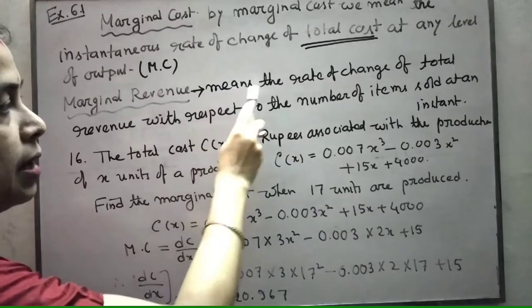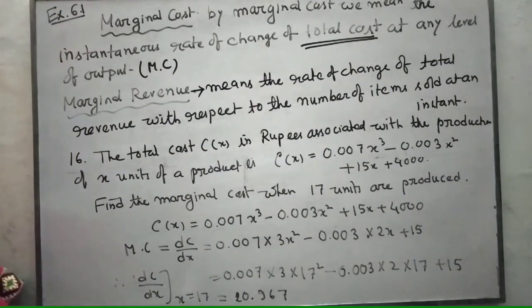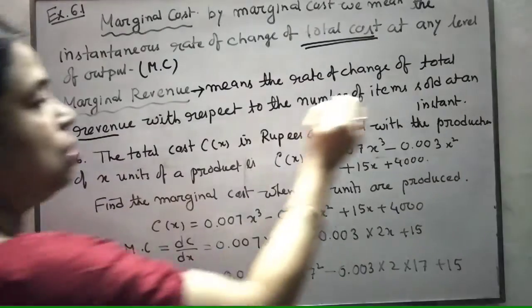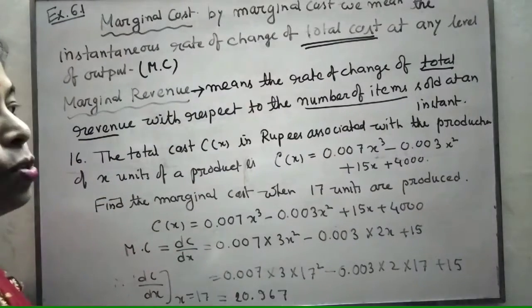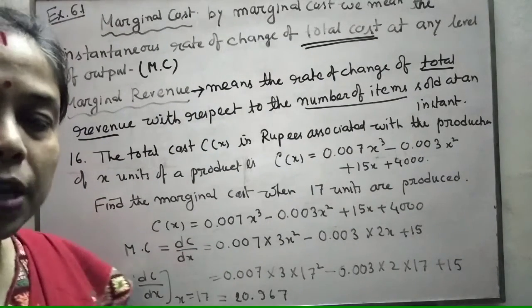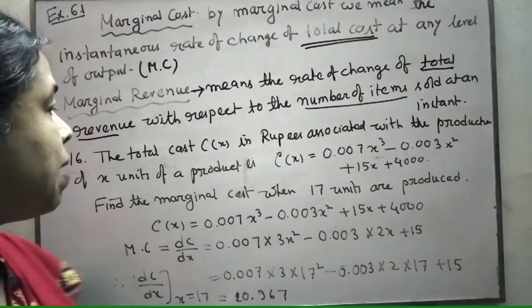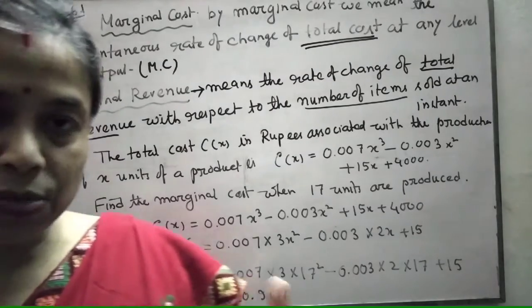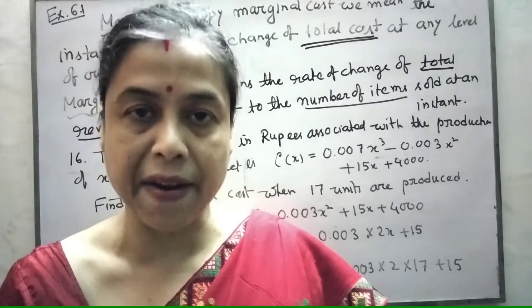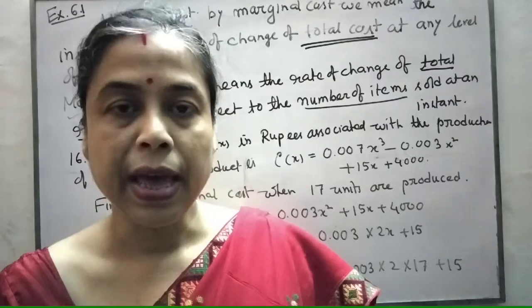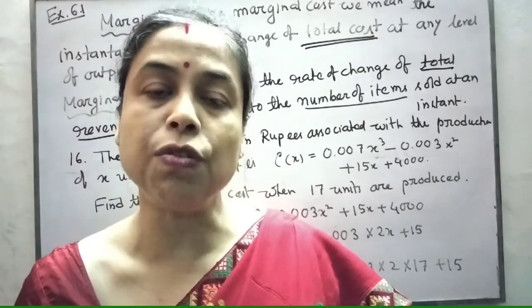Marginal revenue means the rate of change of total revenue with respect to the number of items sold at an instant. If I consider the number of items as x, and revenue R(x), then marginal revenue is the rate of change of revenue with respect to x.